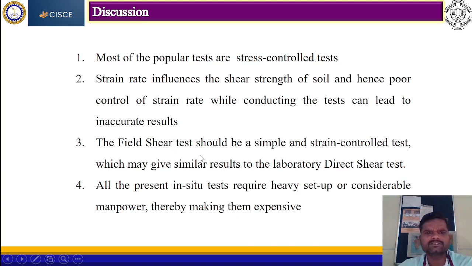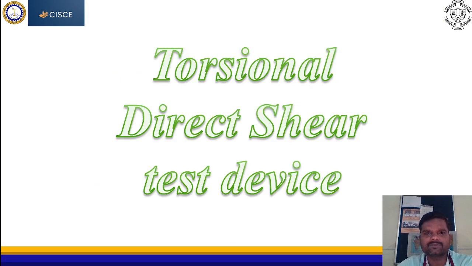Then a field shear test should be a simple strain control test, similar to the laboratory direct shear test, and all present tests require heavy setups and considerable manpower. That's why they are expensive.